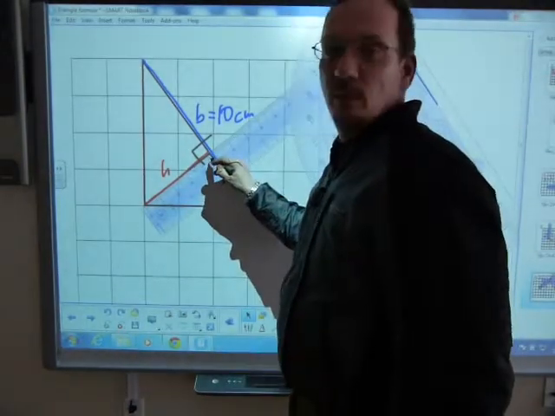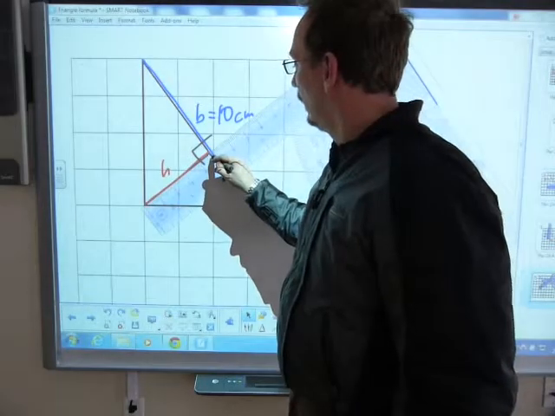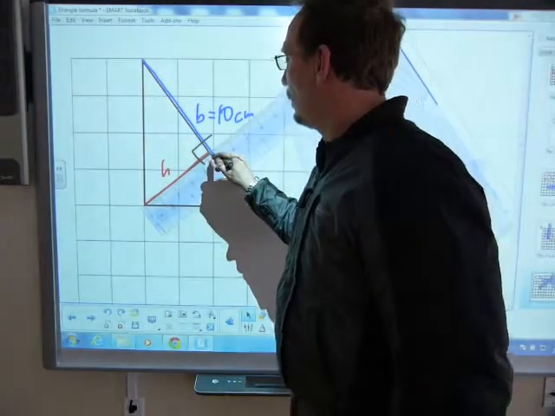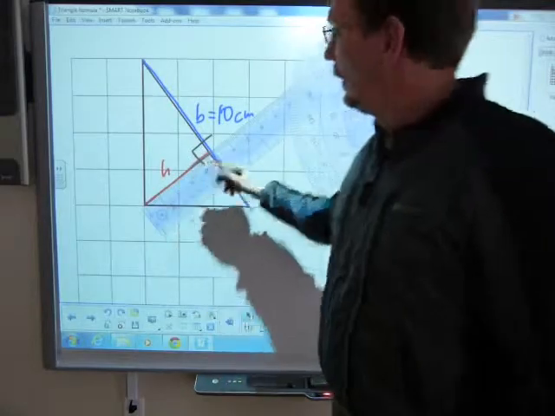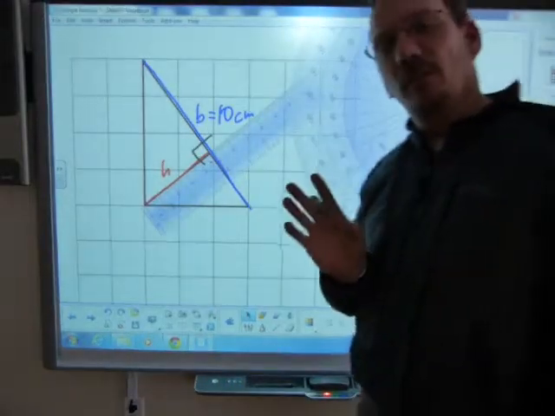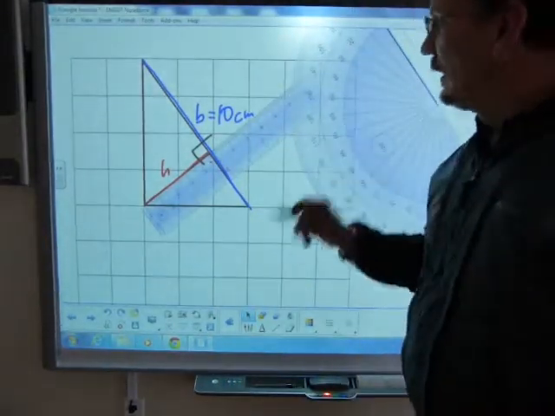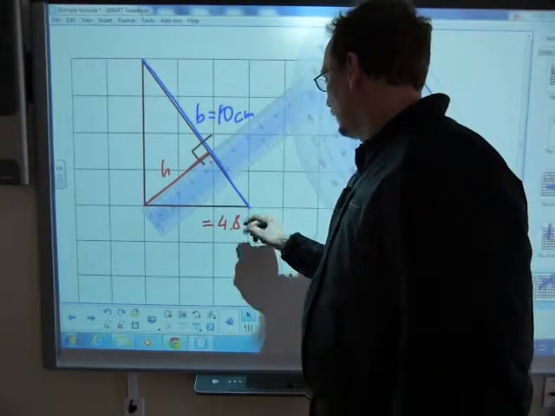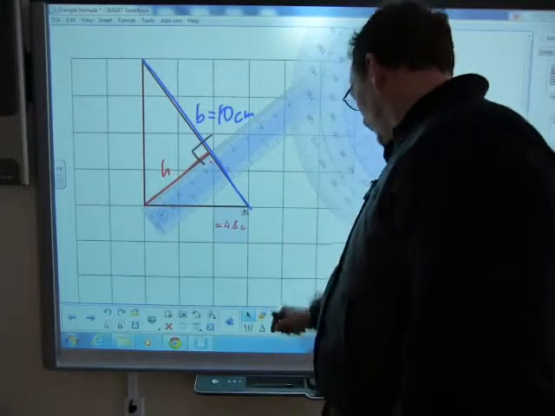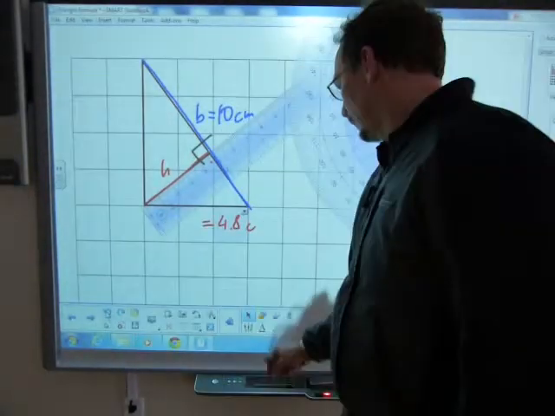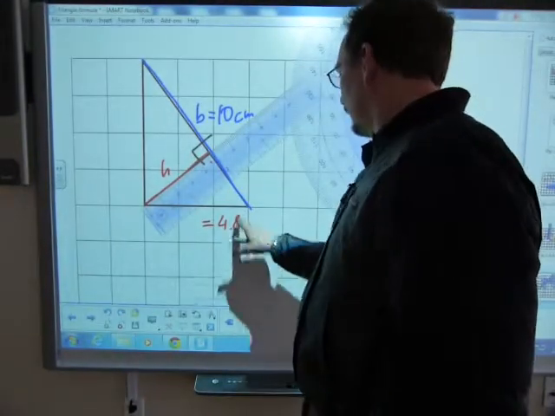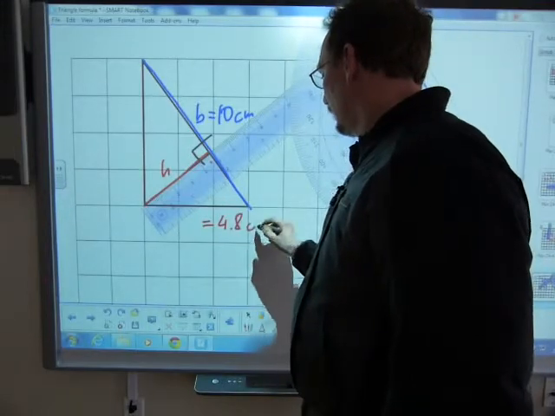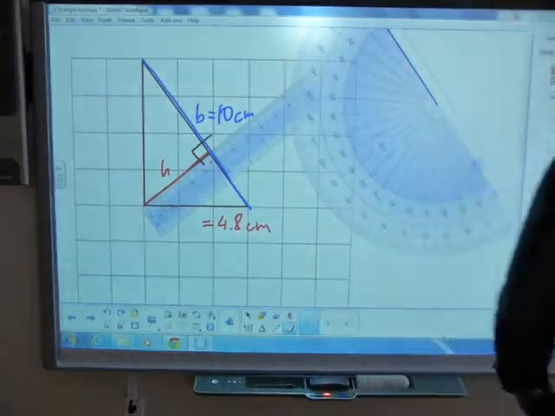The next ones are 4.6, 4.7, and there's one more millimeter line, but because it's black and on the hypotenuse, it's really hard to read, but it's there. The height is 4.8 centimeters. Oops, what did I do? Just a sec, need my eraser. There. 4.8 centimeters.